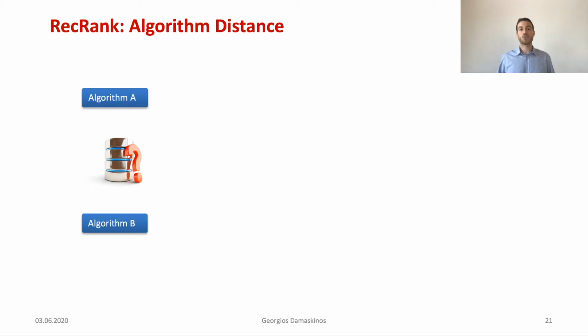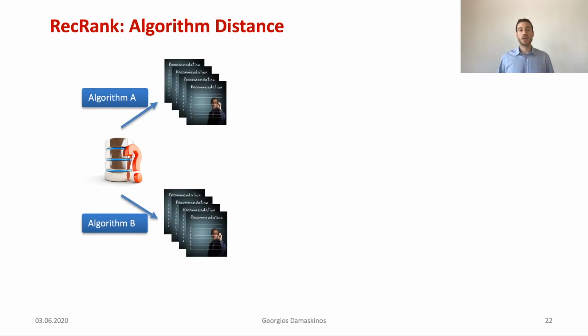RecRank is a tool that computes distances between recommendation algorithms. How does it work in a nutshell? We have two algorithms, algorithm A and algorithm B. This could be, for example, one candidate algorithm and the black box. We feed into both algorithms the same query dataset and get a set of listed recommendations.